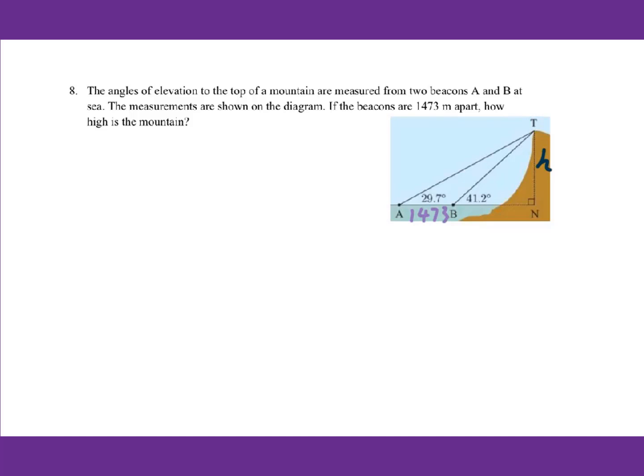So we need to figure out the common side for those two triangles. Let's find this TB. If there are more than one triangle in the diagram, the common side is very, very important.